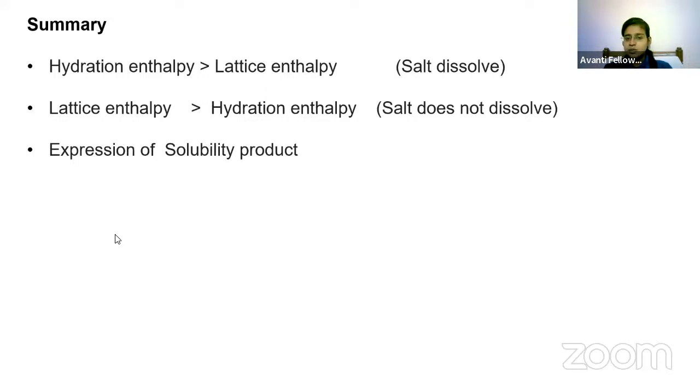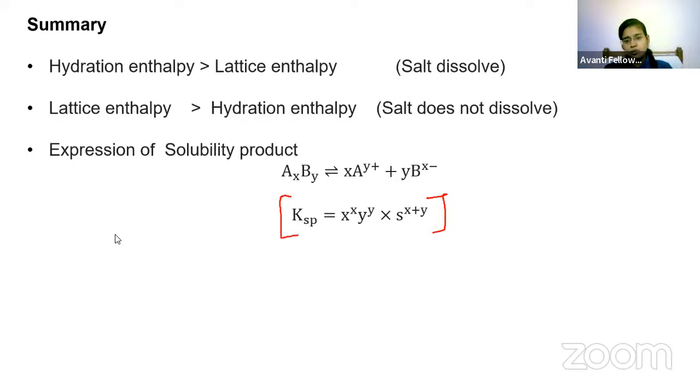Then writing the expression for solubility product for any salt of AxBy type, the Ksp will be equal to x power x, y power y into s power x plus y. So you don't have to get confused with this formula. If you apply this formula for any compound, you will understand. Otherwise, you just follow the steps which we have discussed in the class.